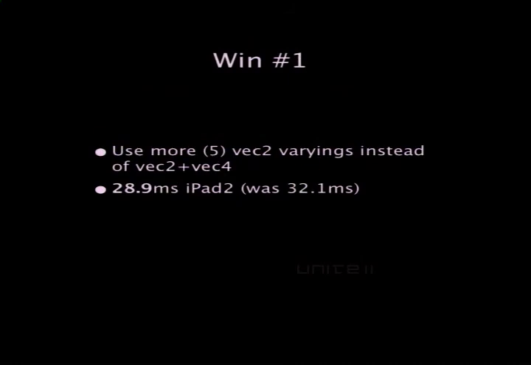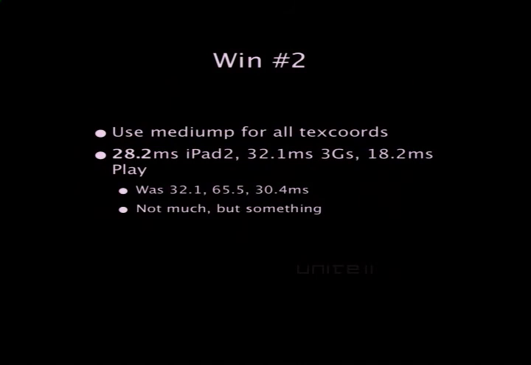So pretty much the only thing I could make it do faster is, again, use more varyings instead of fewer varyings, which is a very PowerVR-specific optimization. That saves like 3 milliseconds, which is still unusably slow, but a bit better. Then I try to reapply lower precision, but not for everything, only to some of the variables in the shader.